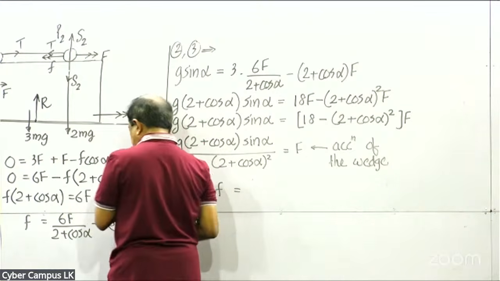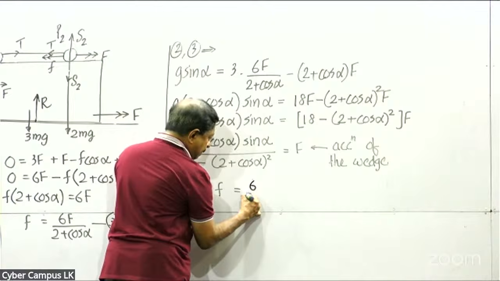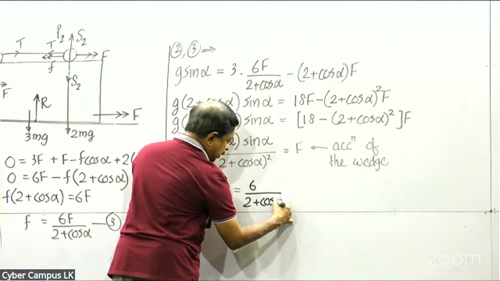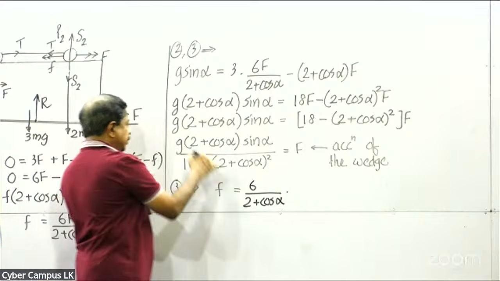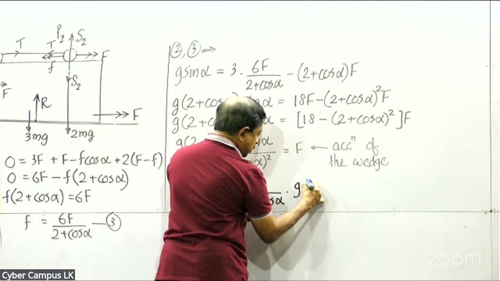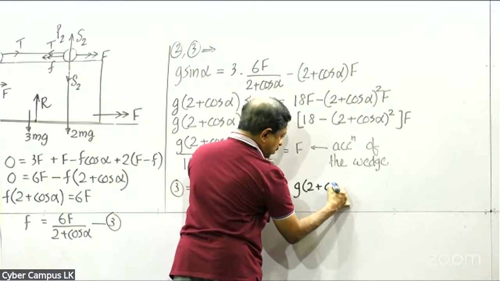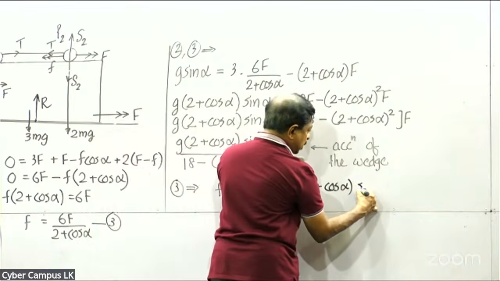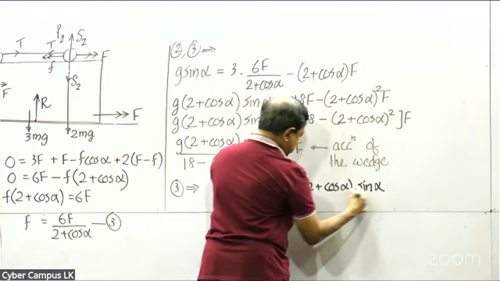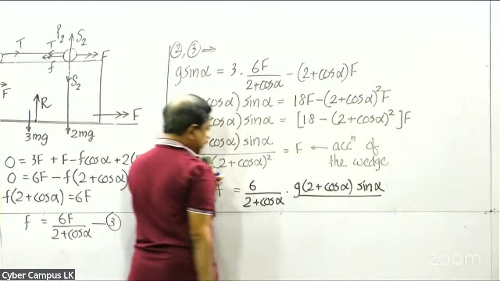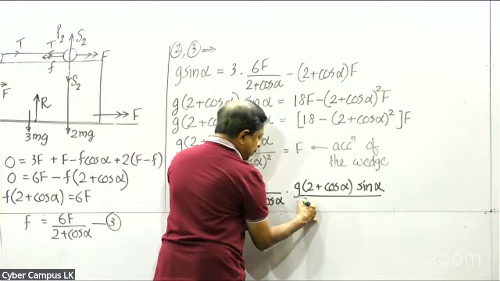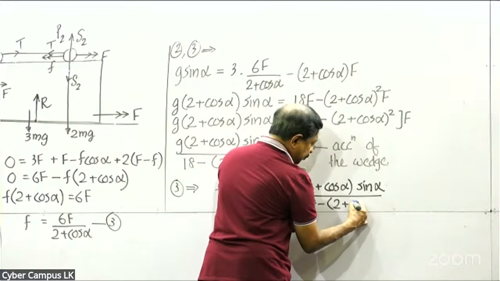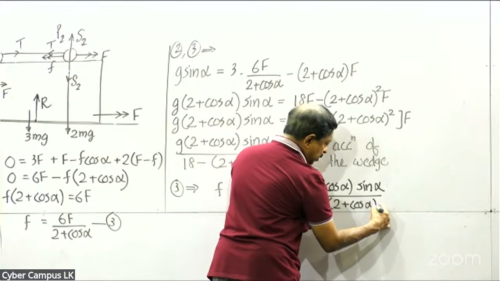So 6 over 2 plus cos alpha times f, right? This is f. g times 2 plus cos alpha, then you have sin alpha divided by 18 minus 2 plus cos alpha quantity squared.